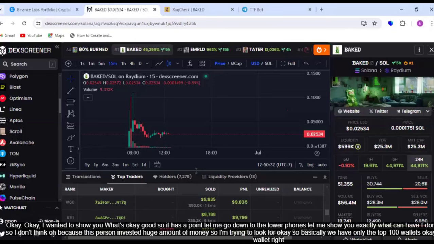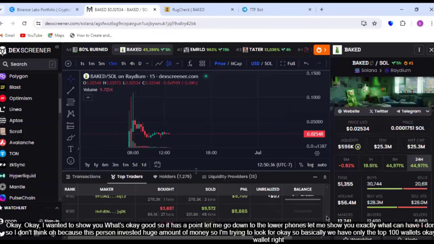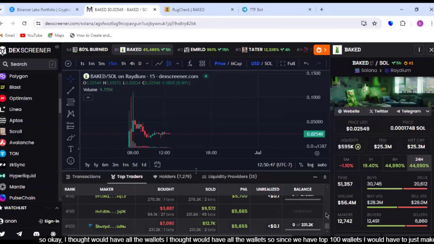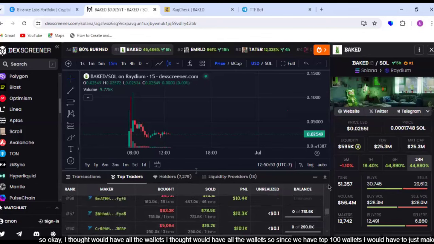I don't want to show you the big fund, so you don't think it's because this person invested a huge amount of money. So basically we have only the top 100 wallets, right? I thought we would have all the wallets. Since we have the top 100 wallets, I would have to just make do with what I see here.